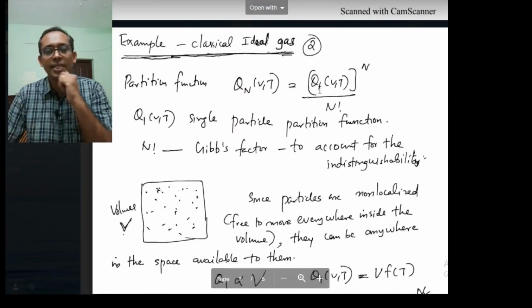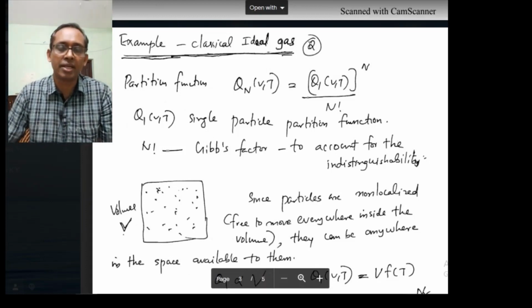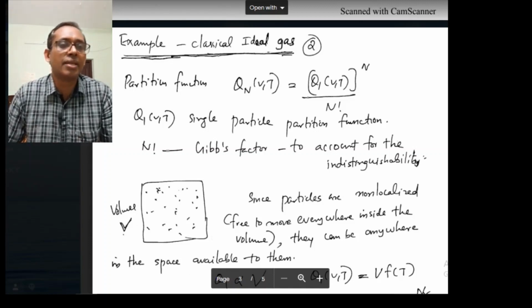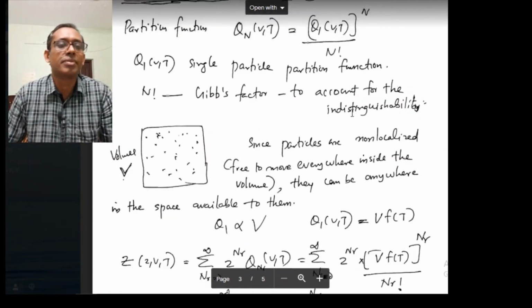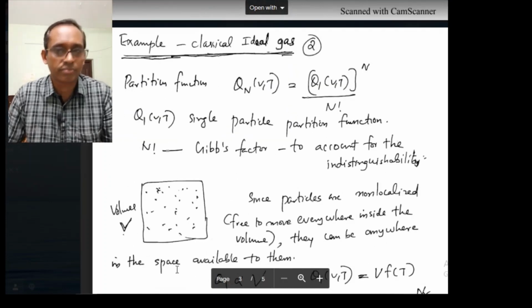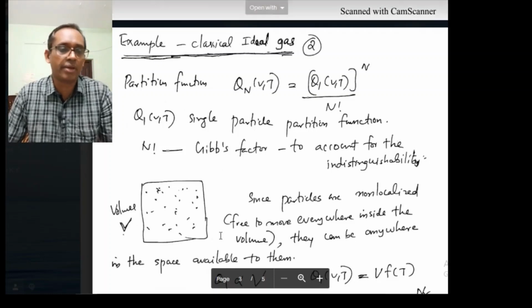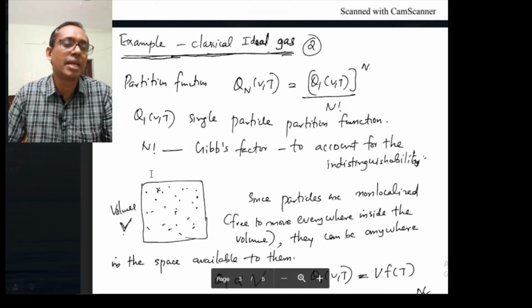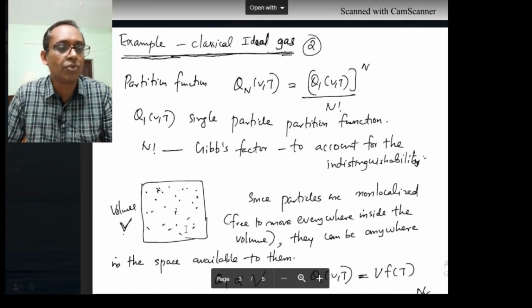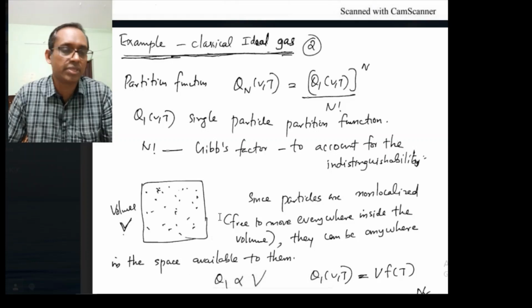We consider the example of the classical ideal gas. As we did in the microcanonical and canonical ensembles, we take the simplest example first. For the classical ideal gas, we consider an enclosure of volume V where we have ideal gas molecules. These molecules are free to move everywhere inside the volume, and there is no interaction between them.